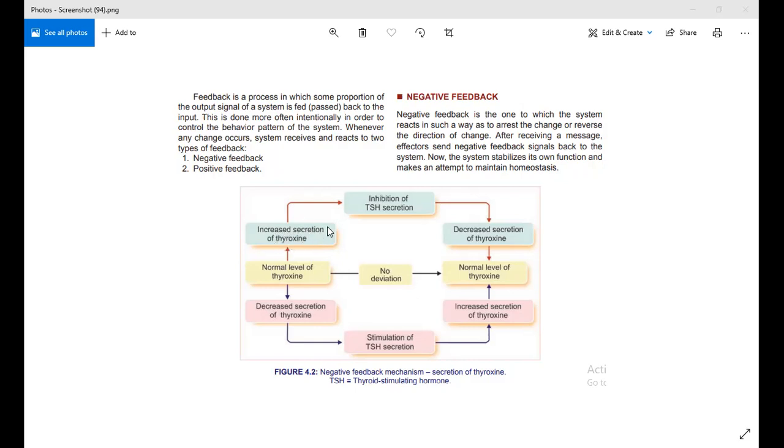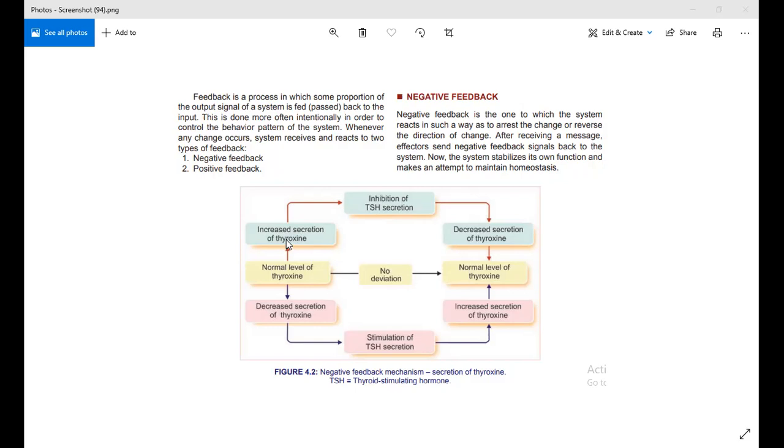There is increased secretion of thyroxine already. So since there is already increased secretion of thyroxine, do we still need the thyroid stimulating hormone to stimulate the thyroid gland to produce more thyroxine? No. Why? Once we have increased secretion of thyroxine, thyroxine goes to perform its function, maybe to regulate the temperature.